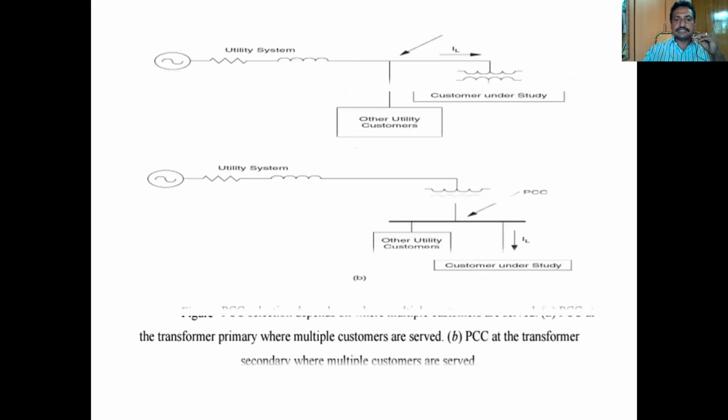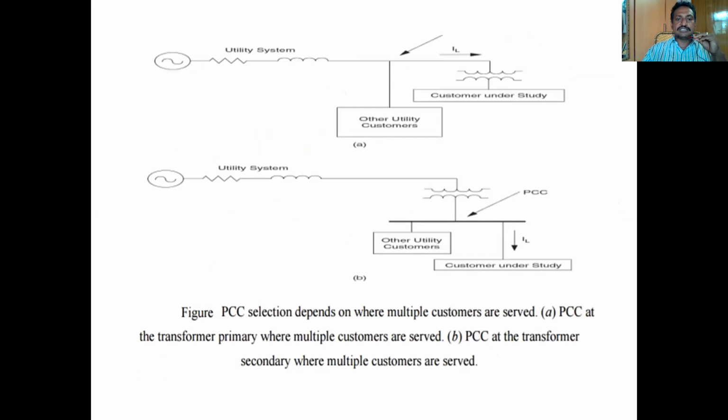I will show you. See here. This is the primary side PCC. Here, this is the PCC. This is the transformer, this is the primary, and this is the secondary. On the primary side, we are connecting more number of utilities, customers. So many customers are connected on the primary, so we place this PCC, point of common coupling, on the primary side of the transformer.